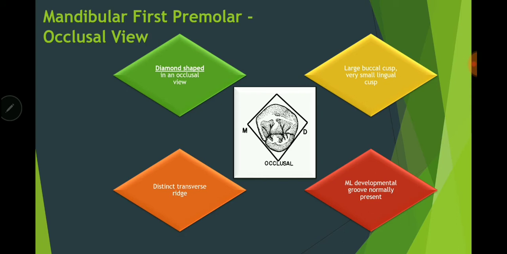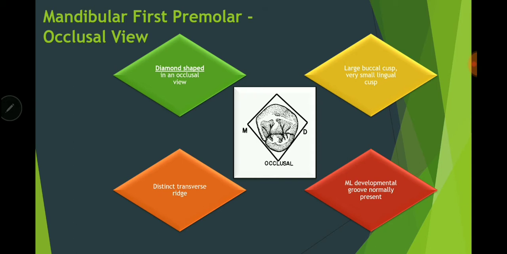So the mandibular first premolar, occlusal view. It is diamond shaped when you look at it from the occlusal. There's a large buccal cusp and a very small lingual cusp. In this case, sometimes it may appear like a canine because the small lingual cusp may look like a cingulum.